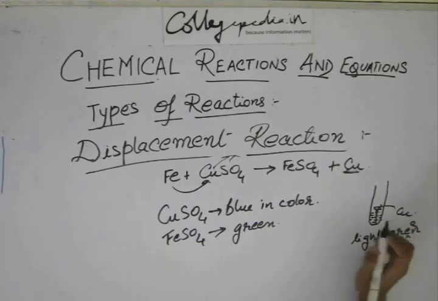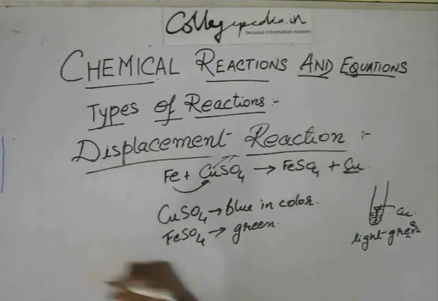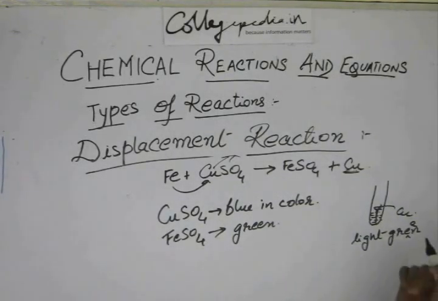So the iron nail acquires a brownish coating, and that coating is of copper. So if they ask you what do you observe when an iron nail is dipped in copper sulfate, the observation is that the blue color of the copper sulfate starts disappearing, it becomes pale, and the iron nail gets a reddish brown coating which is of copper, and you need to give the reaction, and this is balanced.